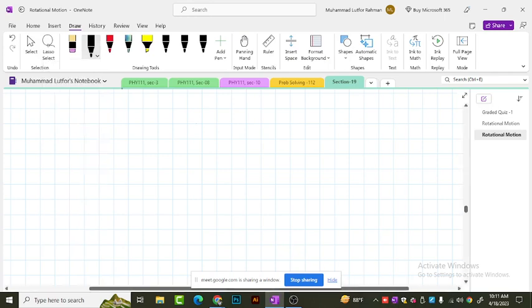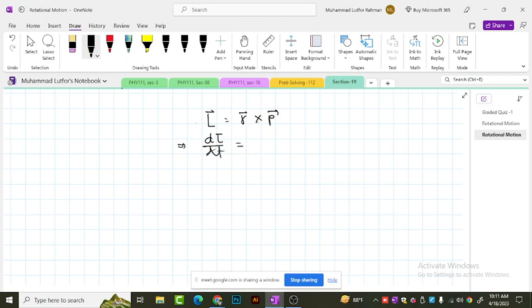Let's say we defined that angular momentum was r cross p, right? That's the definition of the angular momentum. Now let's take the derivative of that function, dL over dt. If I write, then I'll find out this would be d over dt of r cross p.